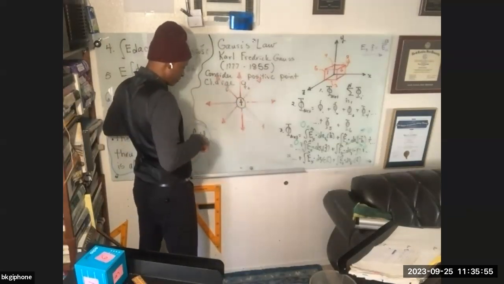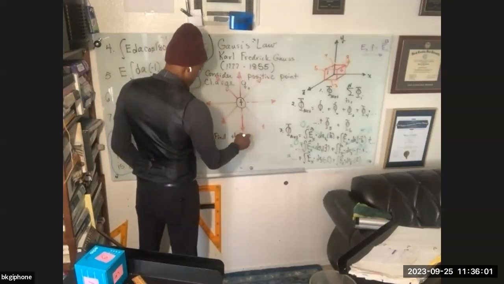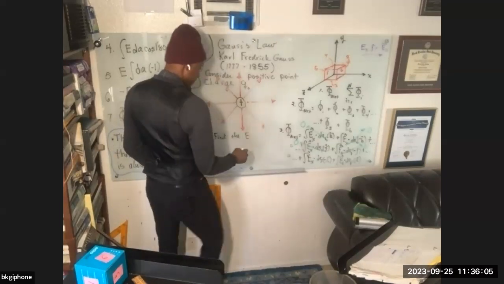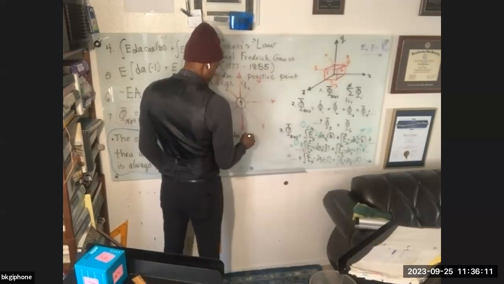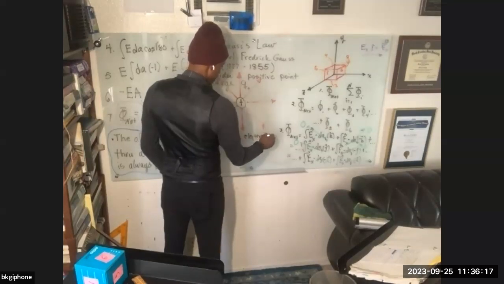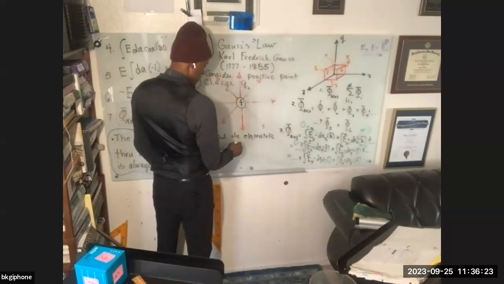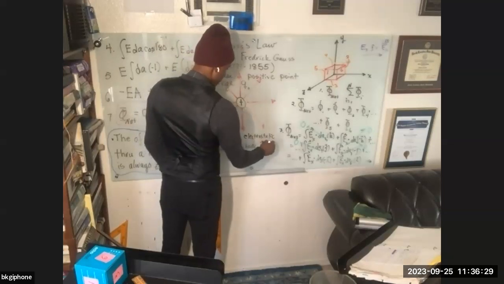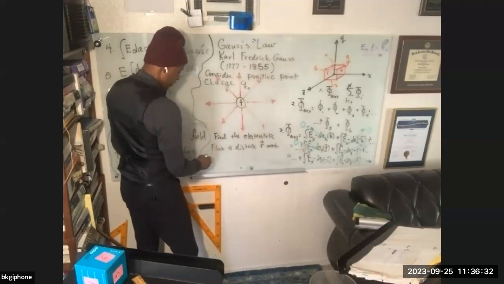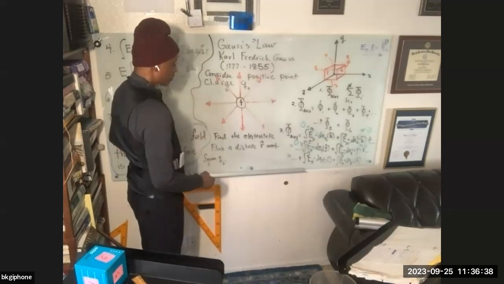So find the electrostatic flux a distance r away from Q plus, meaning the center of Q plus.